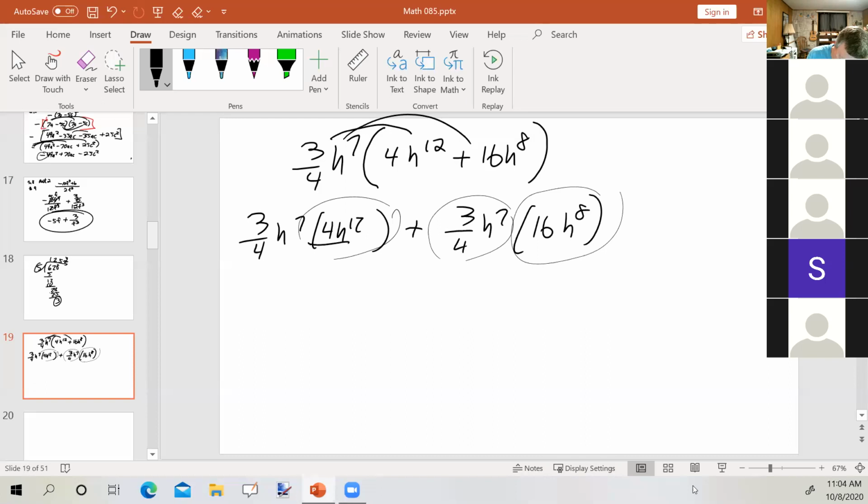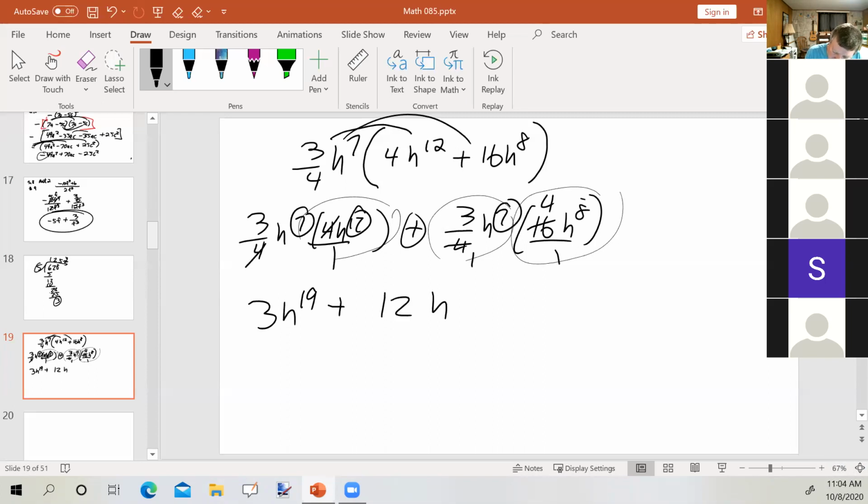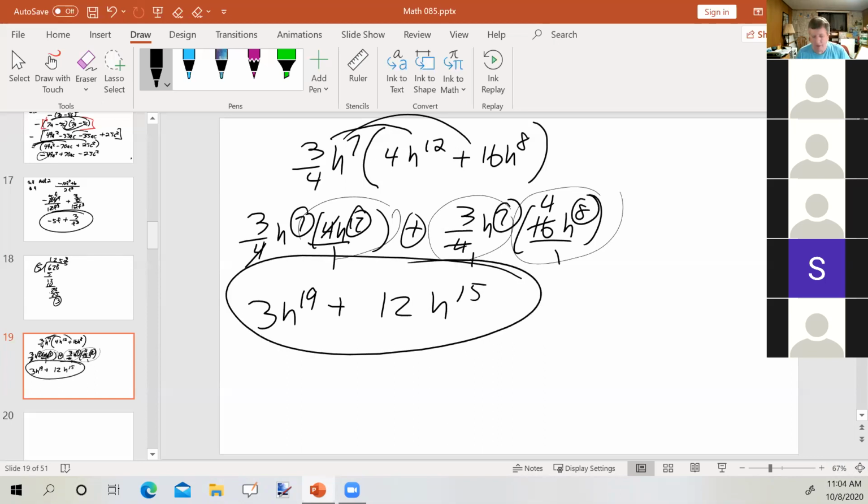Now, this is over 1, it's over 1. This 4 and this 4 reduce out. So I've got 3h to the 7 plus 12 is 19th power. Plus 16 over 4 is 4 over 1. So plus 3 times 4 is 12. H to the 7 plus 8 is 15th power. And there's your final answer.